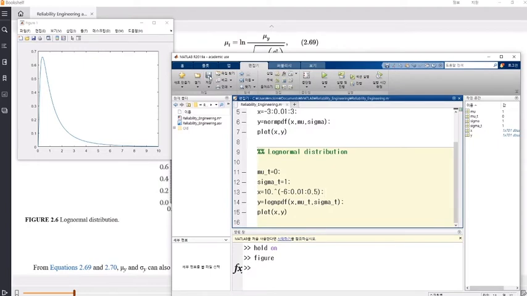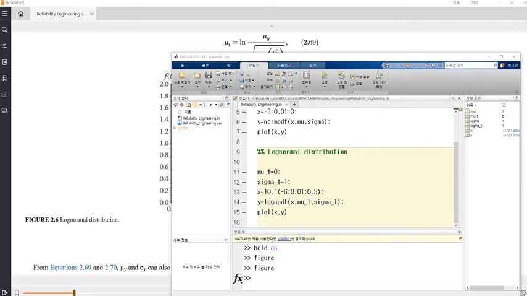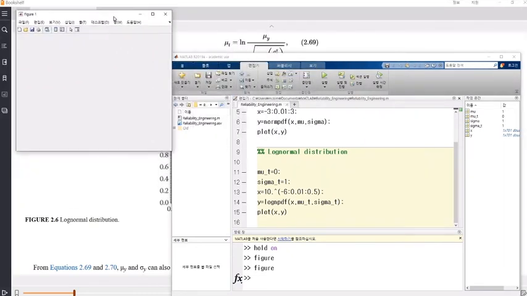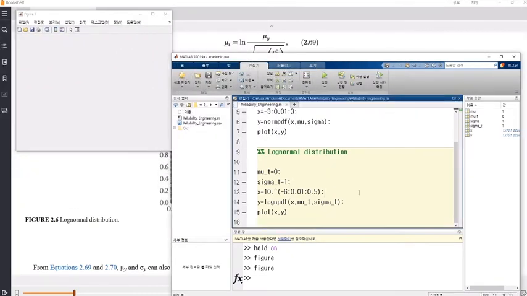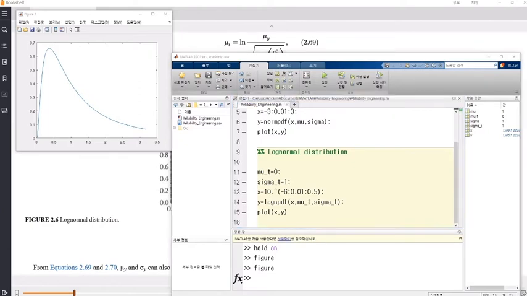I'm going to slightly change it to 0.5. 10 to the power 0.5 is equivalent to square root of 10. So instead of this, once again, figure. So this is how a log normal distribution looks like in linear scale, in an x-y linear scale graph.